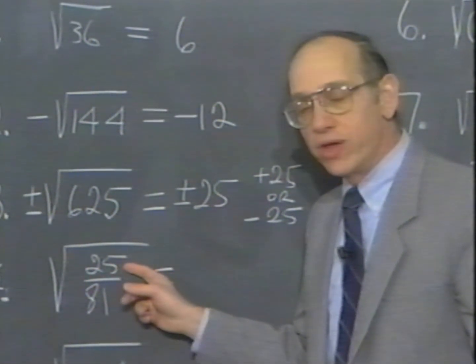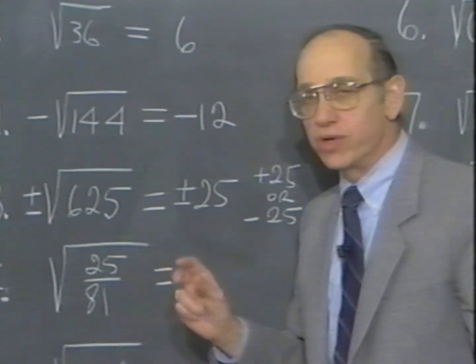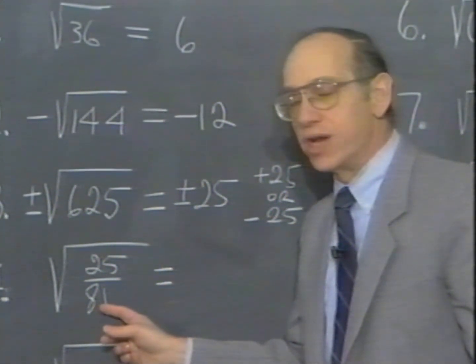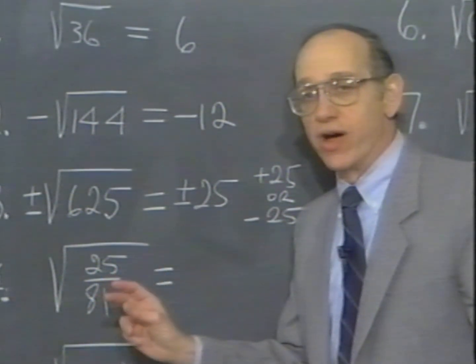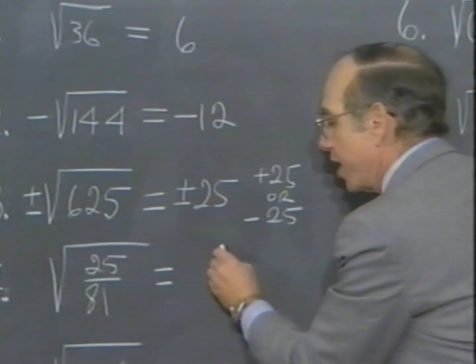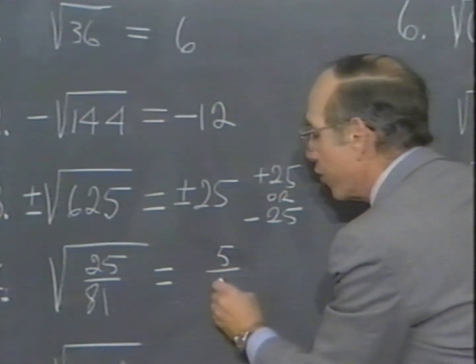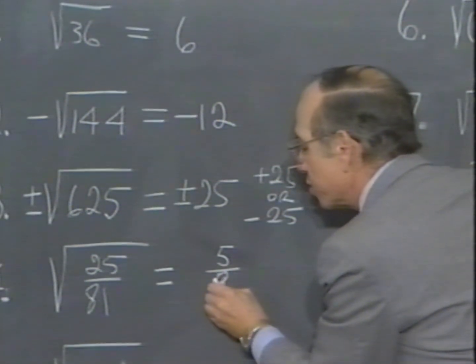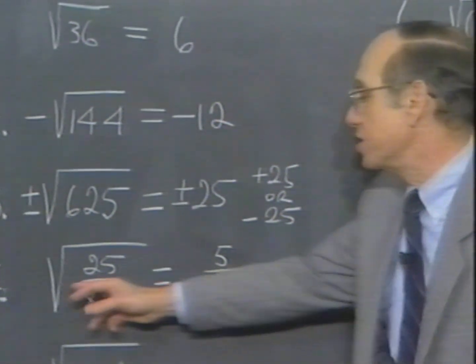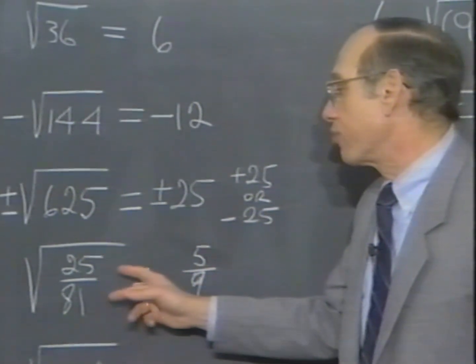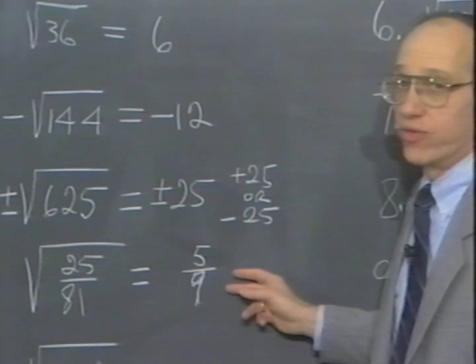In order to get a 25 in the numerator, you must really have 5 times 5. And in order to get 81 in the denominator, you must really have 9 times 9. So the square root of 25 over 81 is simply 5 over 9. And once again, this is plus, because when no sign is indicated, we must take the positive square root. So the square root of 25 over 81 is 5 over 9.